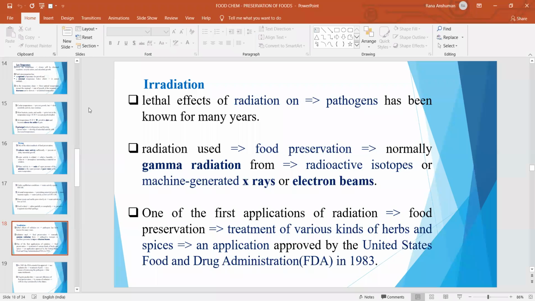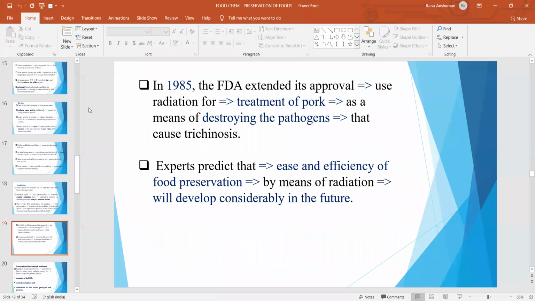One of the first applications of radiation for food preservation was the treatment of various kinds of herbs and spices, an application approved by the United States Food and Drug Administration in 1983. So it was started in 1983.